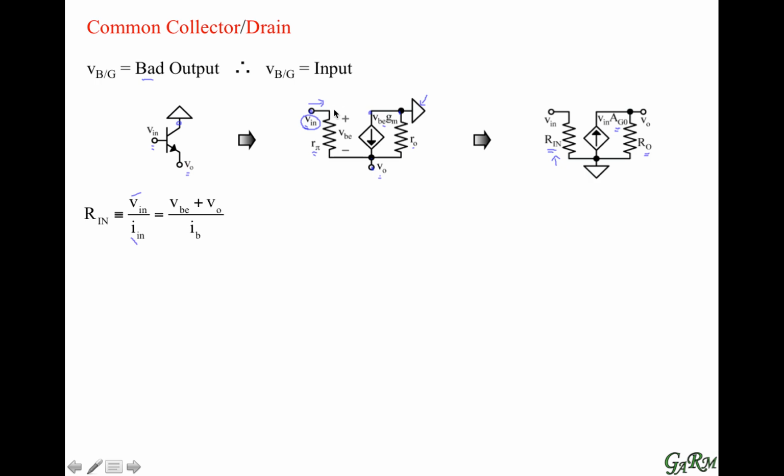The first thing that we note is the input voltage. We see that the input voltage is basically a base emitter voltage that is stacked above the output voltage. So it's the sum of those two. The next thing we'll note is the output.